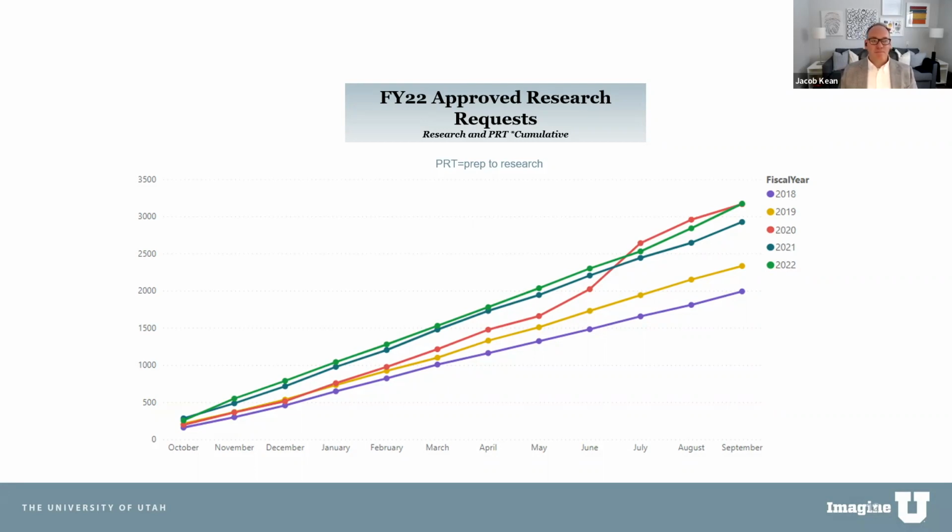Over this period of time, from fiscal year 18 to fiscal year 22, there were roughly 2,000 approved research requests at the beginning of this time period, and yearly more than 3,000, say 3,300 per year 5 years later. Rapid growth over time, and again, shows the appetite for these data and support around these data.